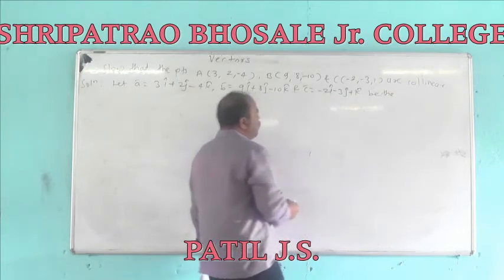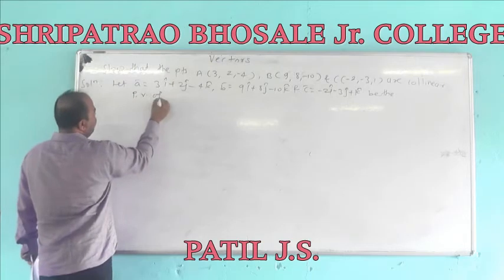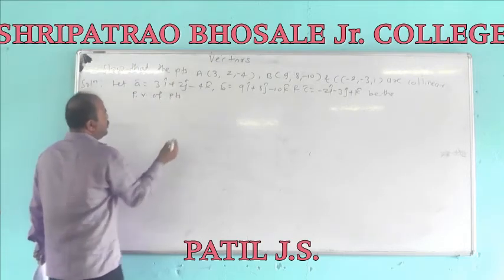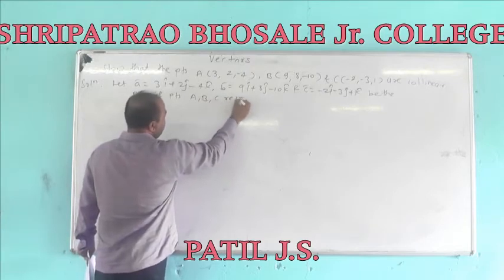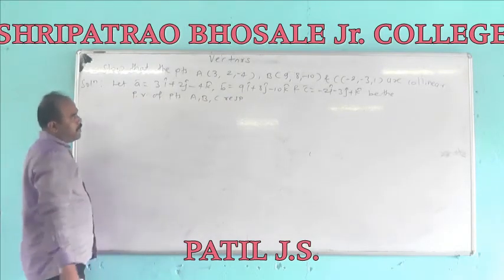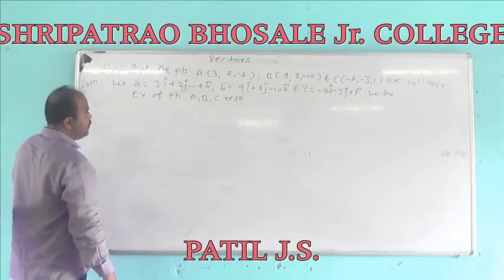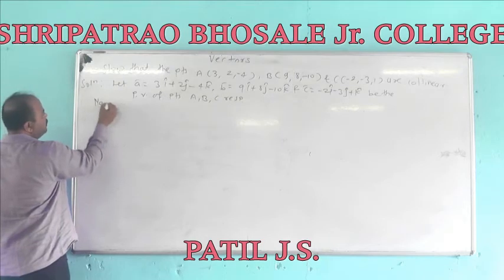Then A bar, B bar and C bar are the position vectors of points A, B, C respectively.